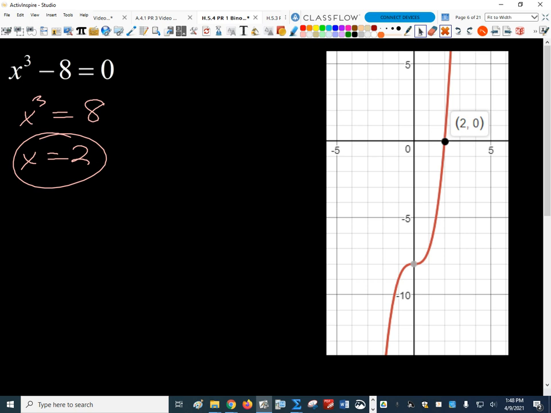But did we get all of the zeros? We found one zero, didn't we? Does that zero have a multiplicity of something greater than 1? It doesn't. Look, it just cuts right through the x-axis, doesn't it? Okay. Where'd the other two go? We lost them, didn't we?